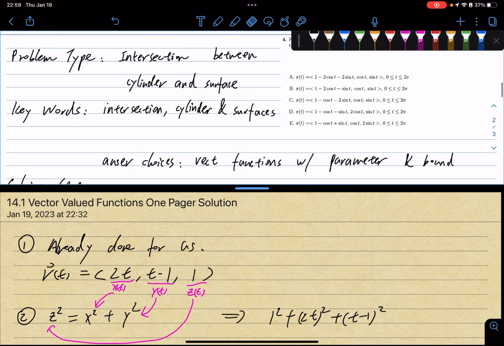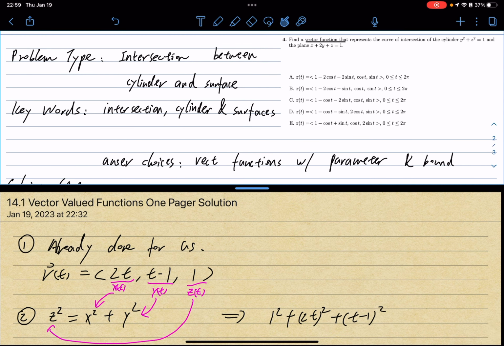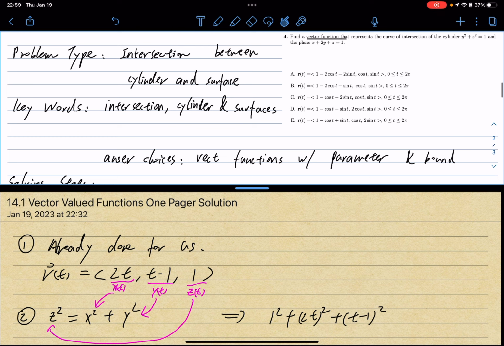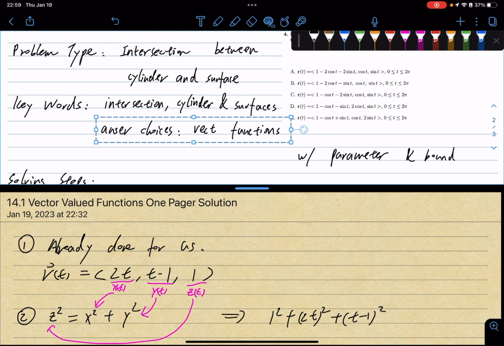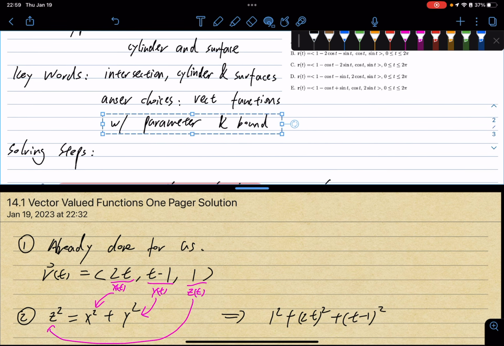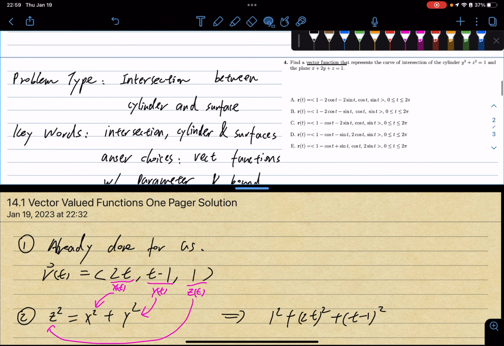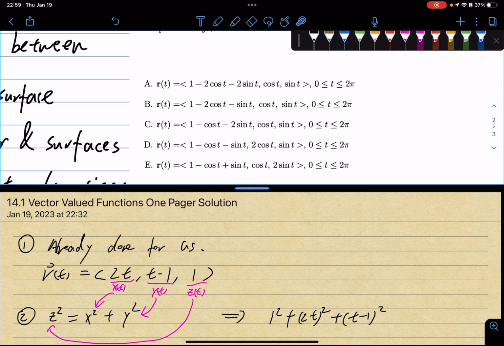You can also see that the answer choices are vector functions of the parameterization and the bound. If we look into the answer choices, we see the parameterization variable t.